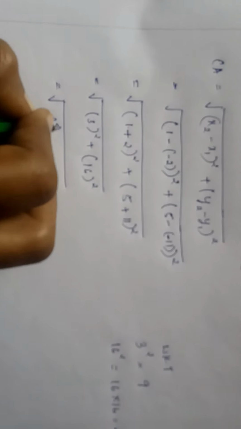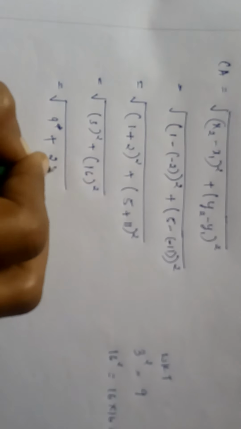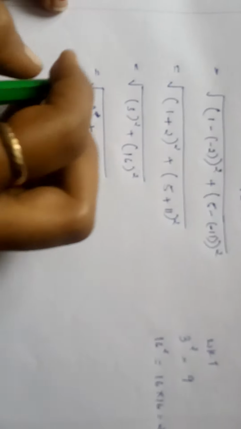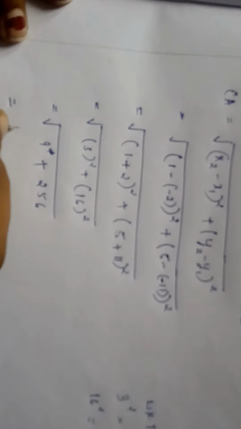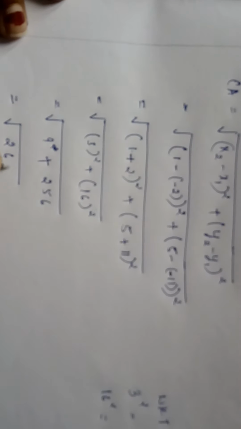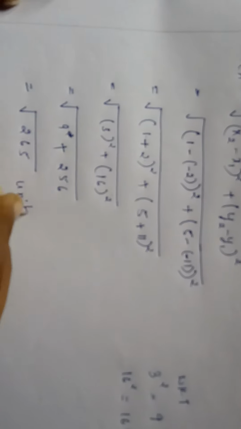Write down here 9 plus 256, that is 265 units.